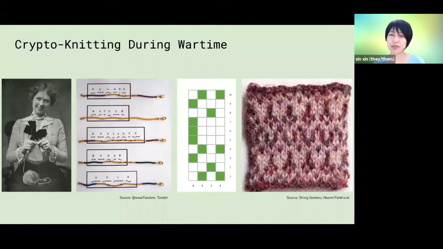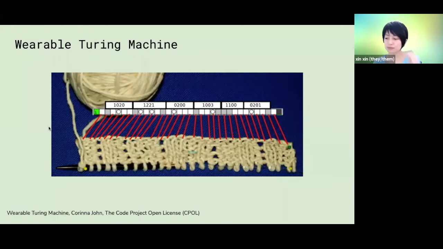Actually, right after the invention of Morse code, there was a lot of fascination with the correlation between Morse code and knitting, and this kind of practice got turned into a way to embed messages. And there are many examples within textiles, knitting, and cross stitch that relate to mathematical as well as programmatic concepts.